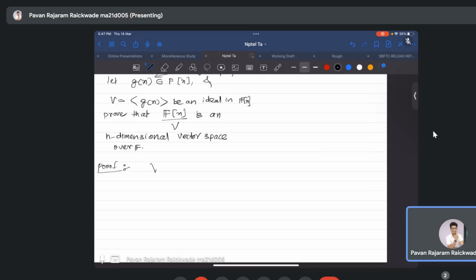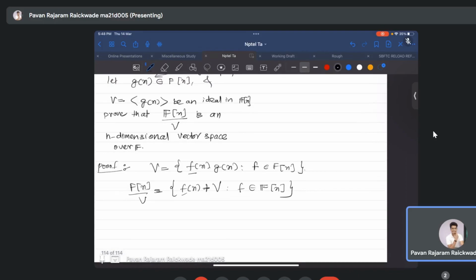First of all, what is your V? V is the set of all f(x)g(x), the ideal generated by g(x) that we know, where f belongs to F[x]. So F[x] quotient by V is defined as the collection of all cosets, f(x) plus V. Don't confuse this f and this f. You think they are the same, but this is just a representative we use as a notation.